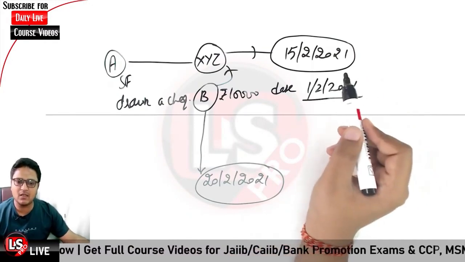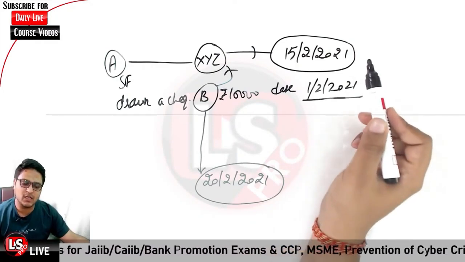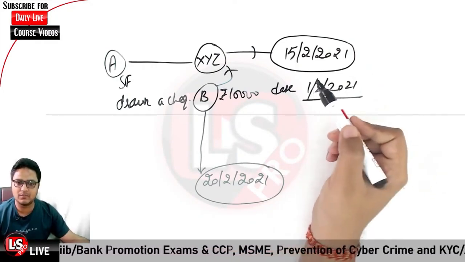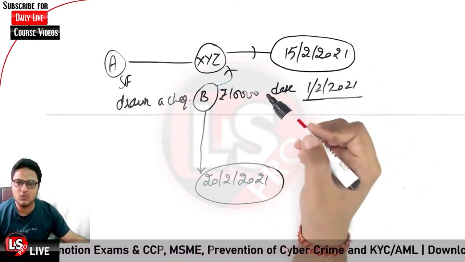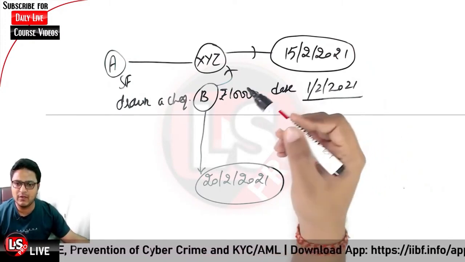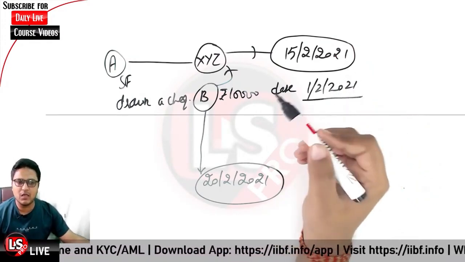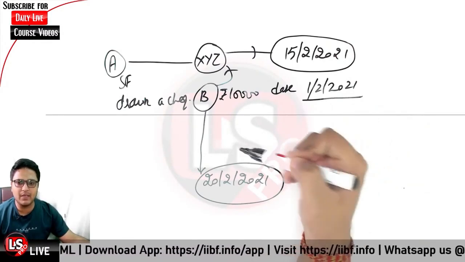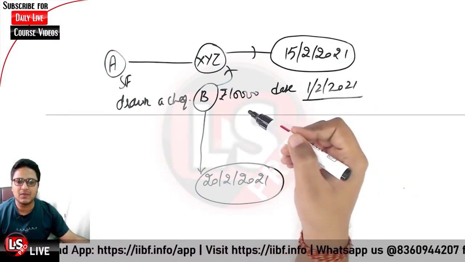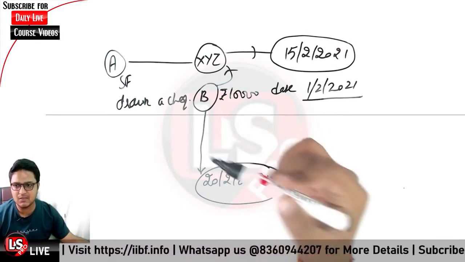The instrument is not to be paid. When we are talking about an individual account, whether it is a saving fund account or a proprietorship account, the account should not be debited because the relationship between the bank and the customer ceases.